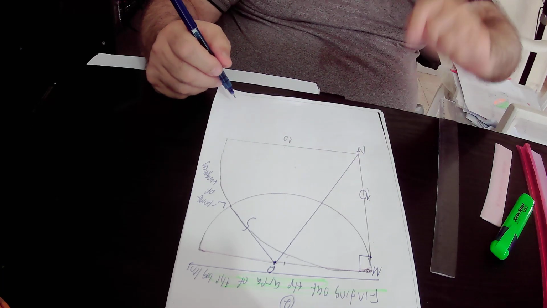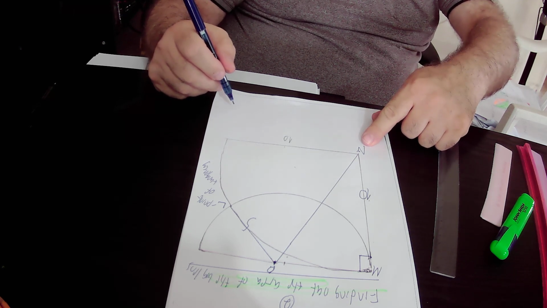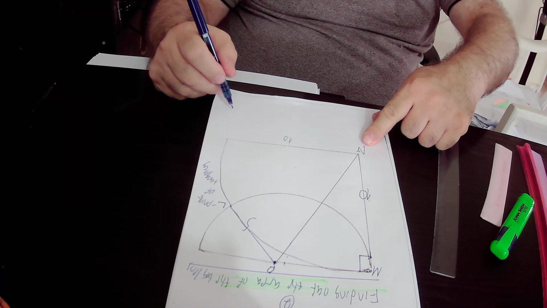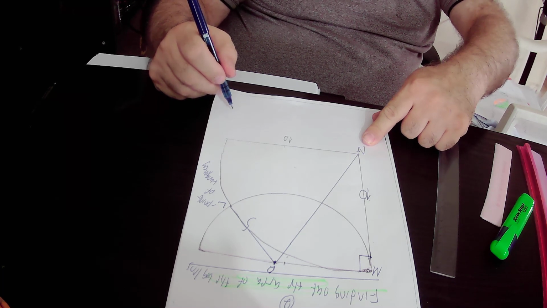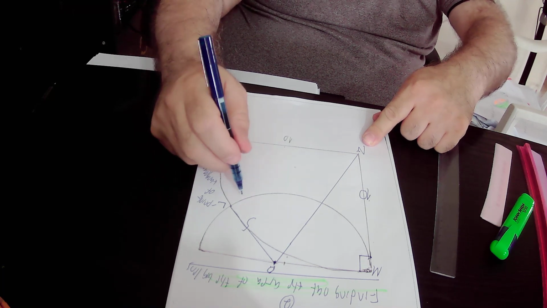From the center of the quarter circle, we draw the radius in such a way that it will be tangent to this semicircle.